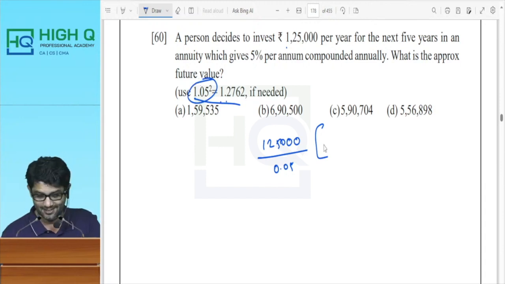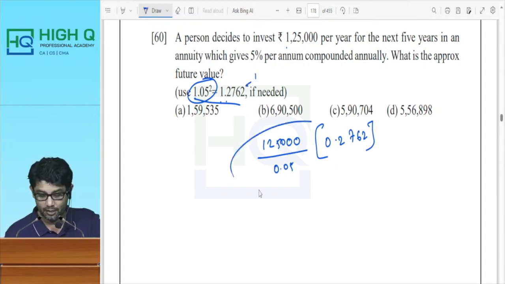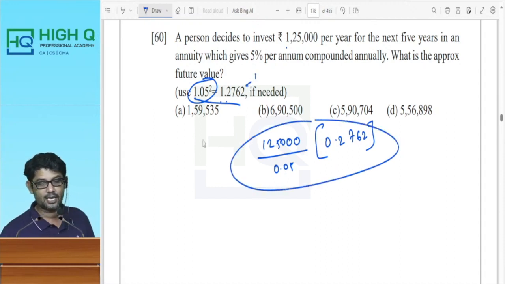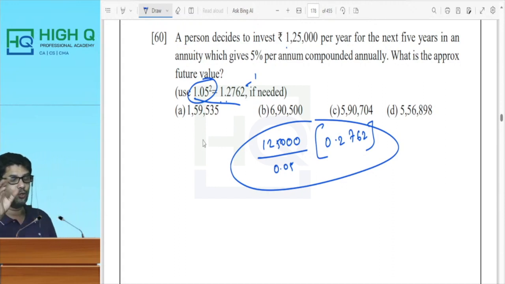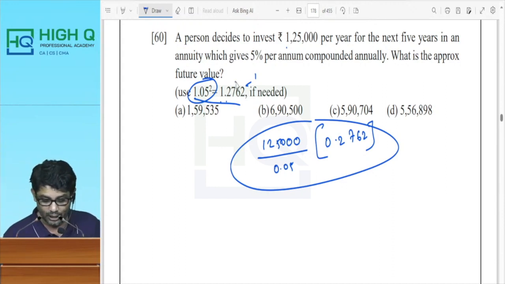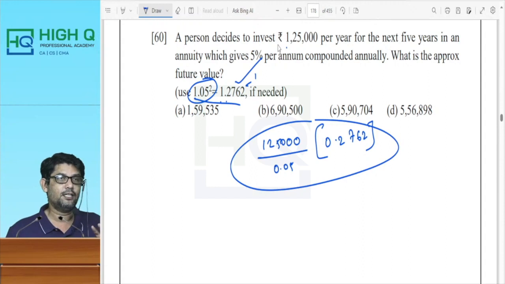What is it? 0.2762. Because this minus 1, you have already done it. Only this has to be multiplied and this is your answer. Am I right, my dear? That's what I told you to do orally, because when this value is given, even the time consumption to solve this sum will come down.